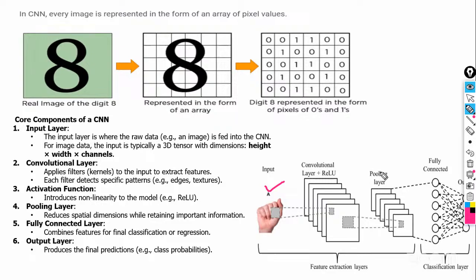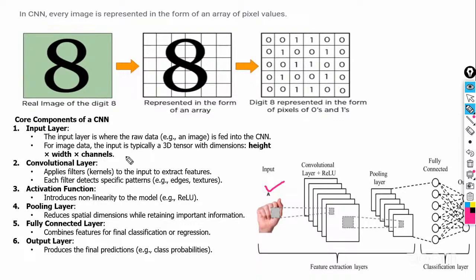Is it mandatory? May or may not, friends. But a convolution layer followed by a pooling layer will reduce the dimension. We'll understand what the pooling layer and the convolutional layer are. Then after the pooling layer, we'll have a fully connected layer and finally the output. So this is the basic architecture of CNN.